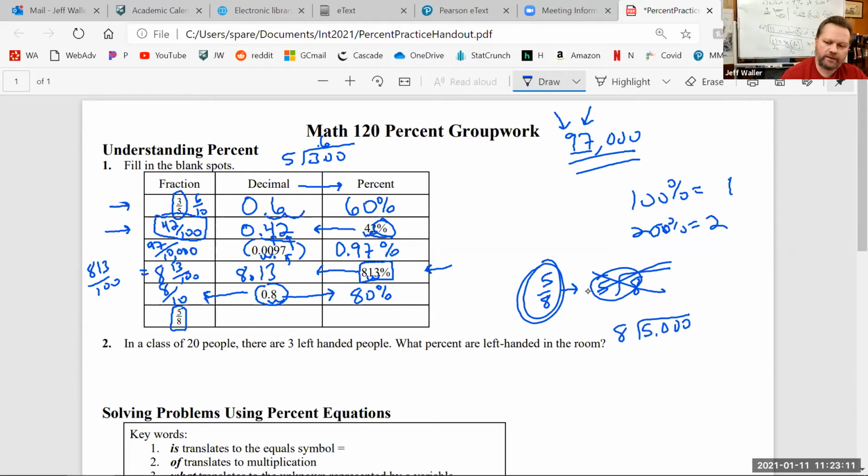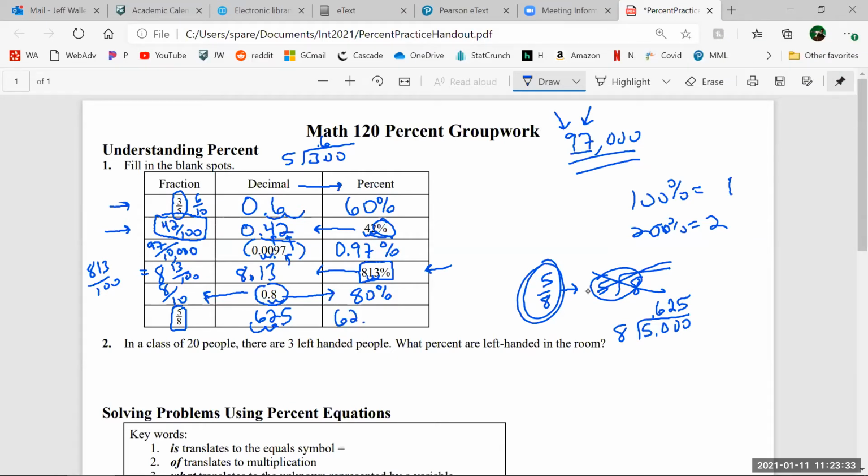Of course, it's going to be weird when you do this. I didn't say you had to do this by hand, so I don't know if any intrepid souls out there did this by hand, but it would be 0.625. Is that right? Yeah. So 0.625. And of course, what is that as a percent? 62.5%.